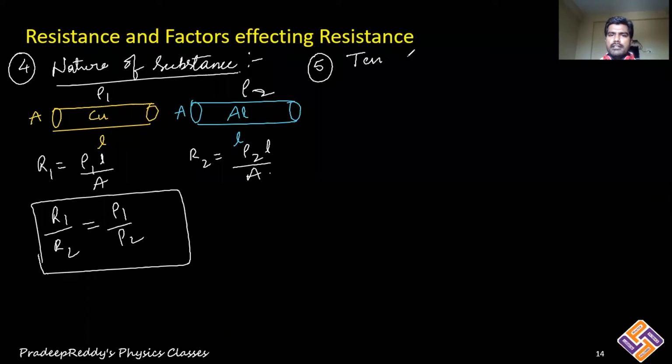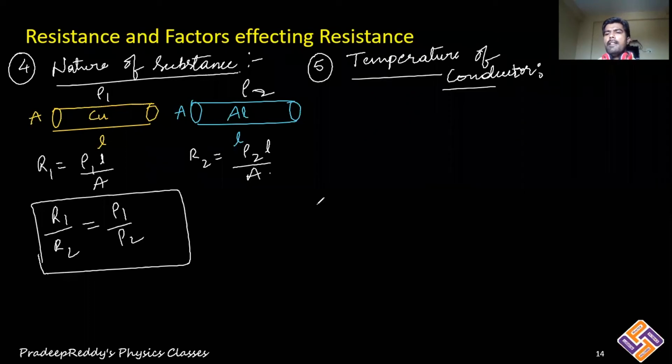Temperature of the conductor. In case of temperature, how does it affect the conductor? We shall see. Now let me take a conductor of length L and area of cross section A. Obviously, there will be ions and there will be electrons.